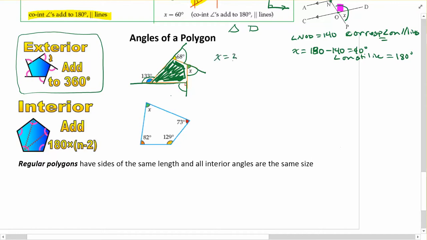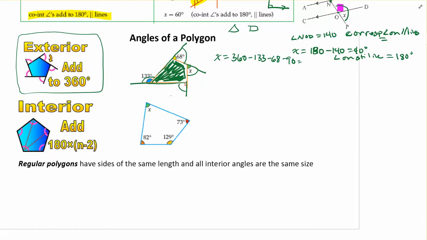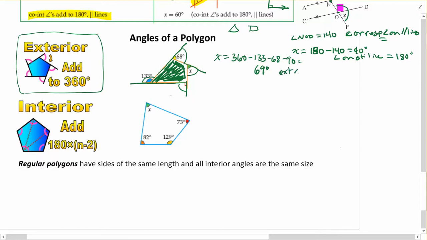So x will be equal to 360 minus 133 minus 68 minus 90. So here we get 69 degrees, and an abbreviation here could be exterior angle equal 360 polygon, or just poly. That would be your reasoning for it.